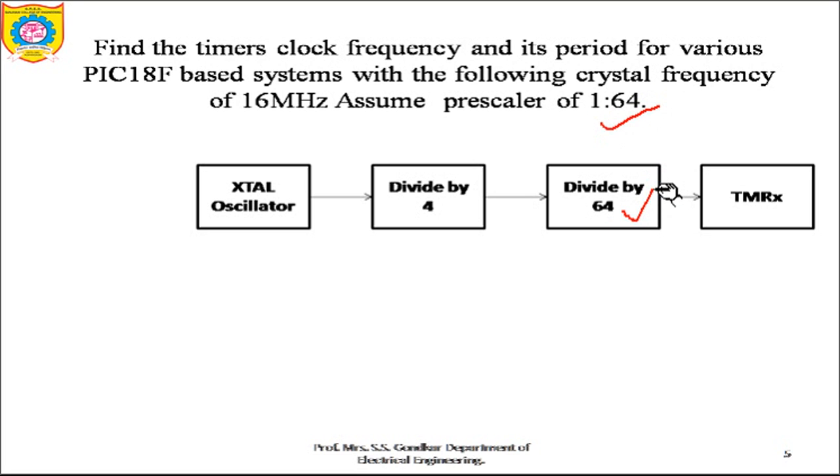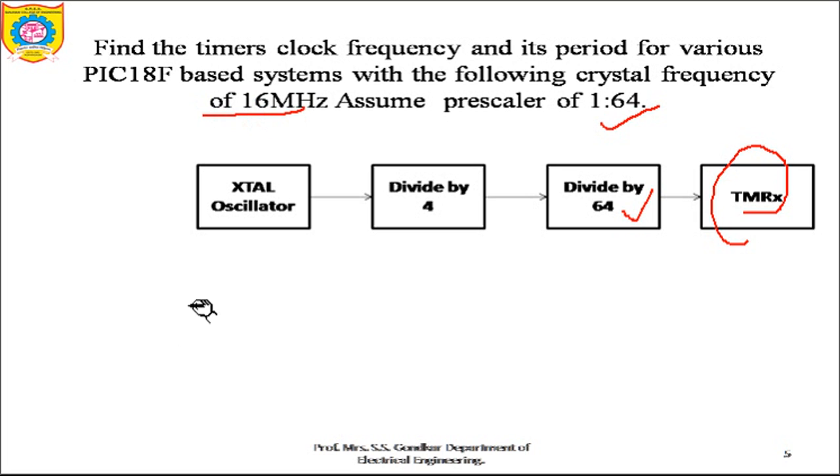We have to divide it by 64 and then give it to the timer. As it is a prescaler, we first divide the frequency and then give it to the timer. If it were a post scaler, then this division would be done after the timer has utilized the frequency.